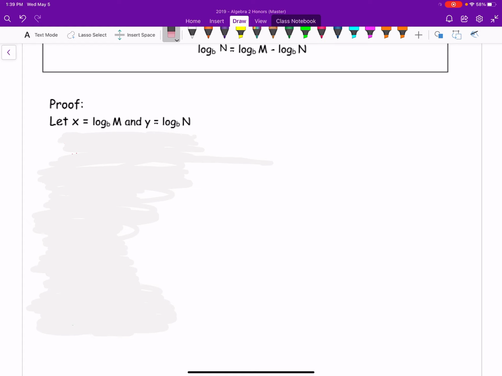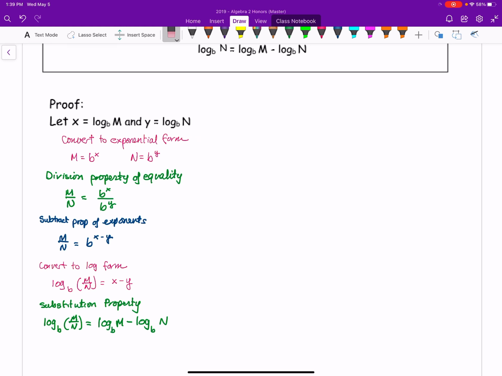So what I have here are all of the steps. Convert to exponential form, division property of equality. Then when you divide, what you can do with the exponents is subtract those two exponents that I highlighted in yellow, then convert back to logarithmic form, and then use substitution to substitute in.